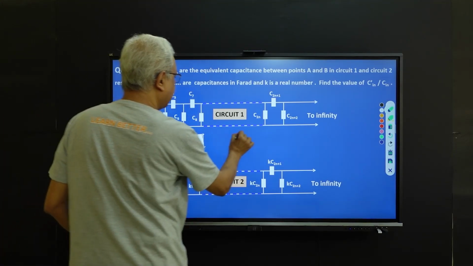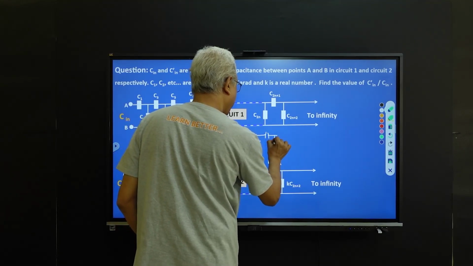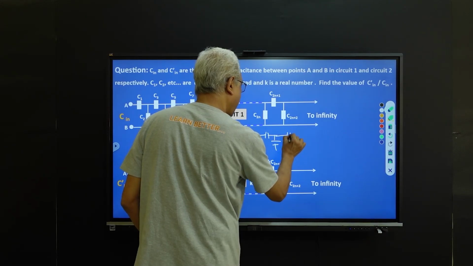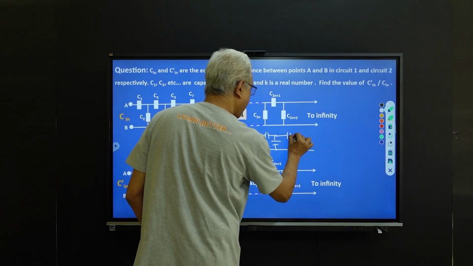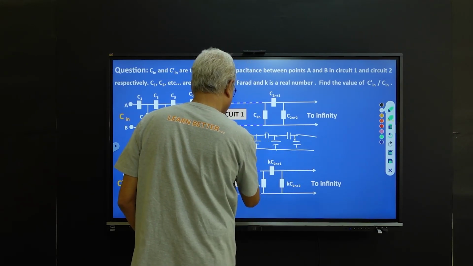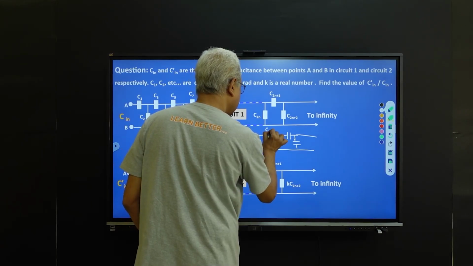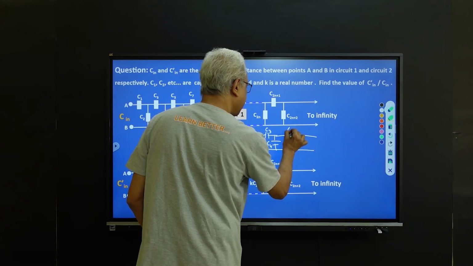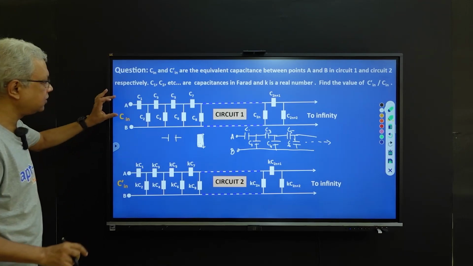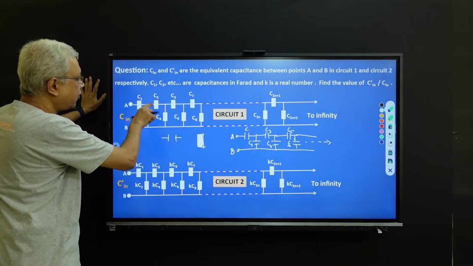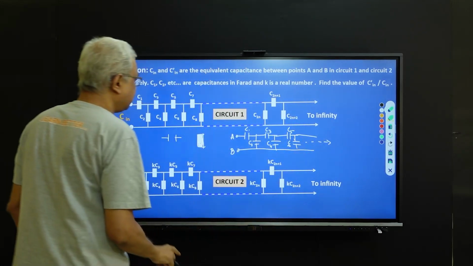Okay, so the network looks like this: C1, C2, C3, C4, C5, C6, and it is an infinite network to infinity. Now in circuit 1, these capacitances are all different. C1, C2, C3, C4 all are different. It is the infinite capacitive ladder network.